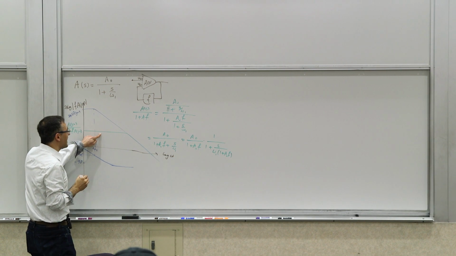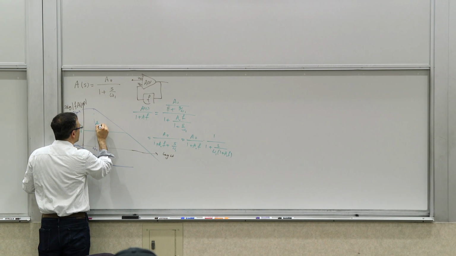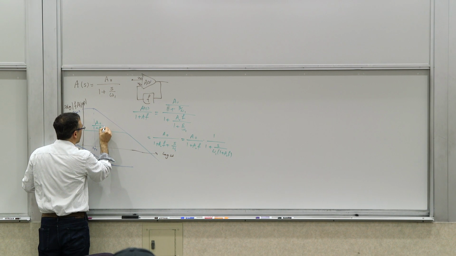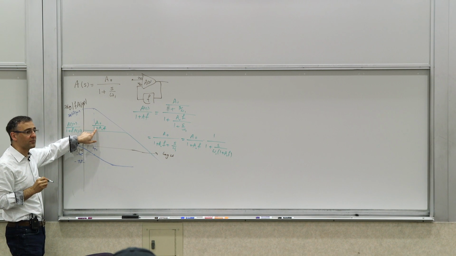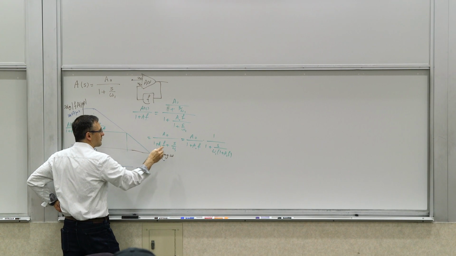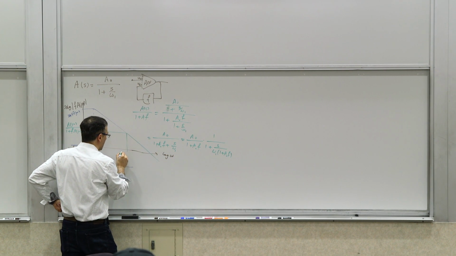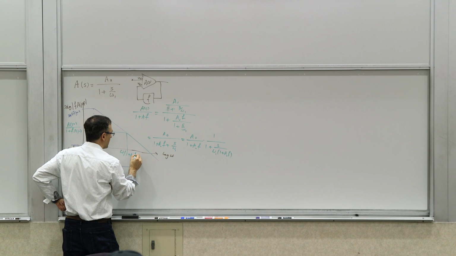So what you see is that your low frequency gain in the closed loop system is going to be A0 over 1 plus A0F. So it's your open loop gain scaled down by factor 1 plus AF. And your new cutoff frequency, the new omega, is omega 1 times 1 plus A0F.